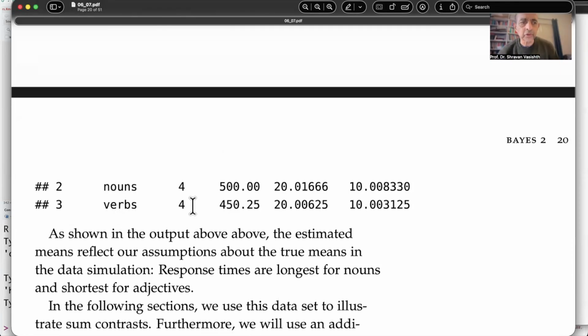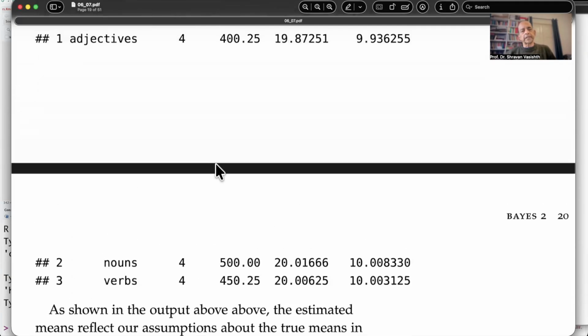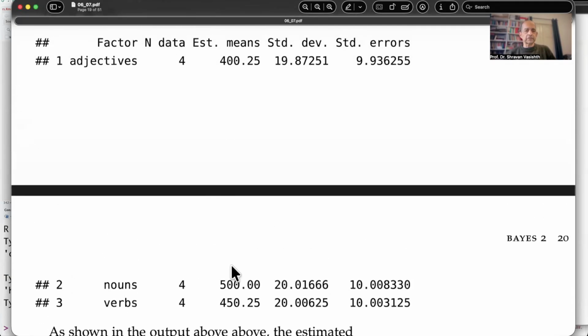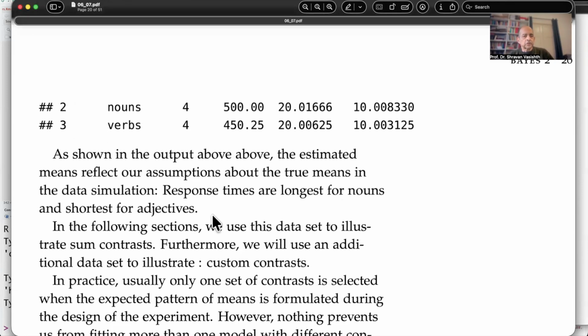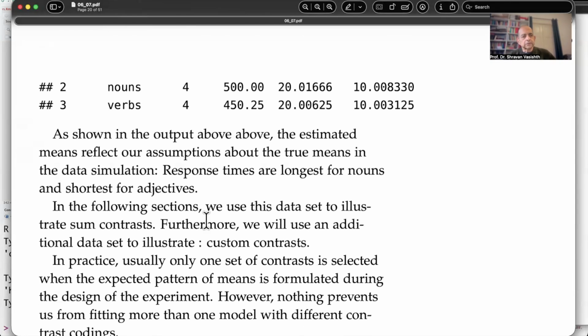So for example, if I wanted to compare adjectives and nouns, the difference between them would be about 100 milliseconds. If I want to compare nouns and verbs, the difference between them would be 50 milliseconds, roughly speaking.